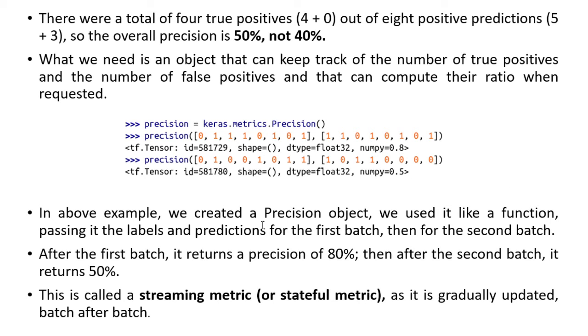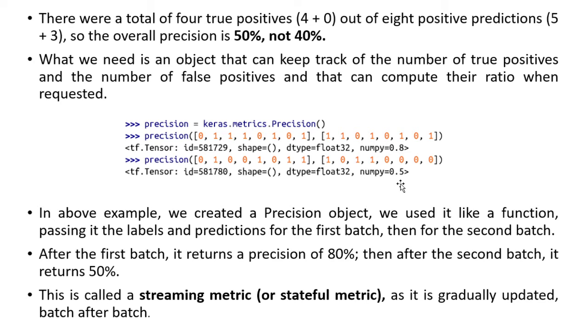So automatically it is able to calculate the true negatives, false positives, false negatives and true positives. Based on that, it is giving the result as 80%. And for the second batch, it is giving the result as 50%. So with the help of the precision object, we are able to calculate the precision.